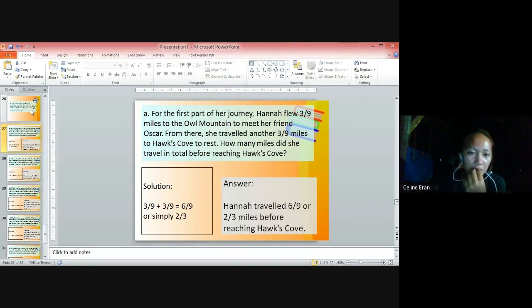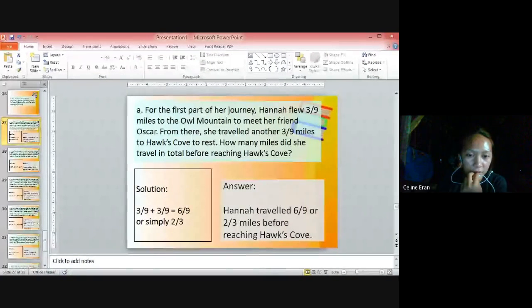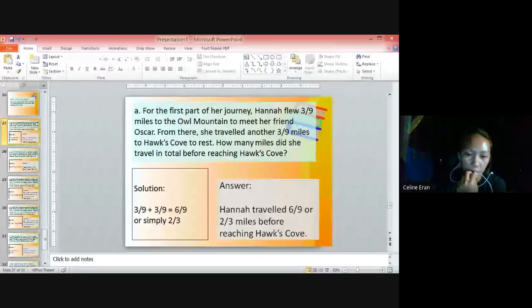How many miles did she travel in total before reaching Hawks Cove? So the solution is here. 3 over 9 plus 3 over 9 is 6 over 9, or simplified to 2 over 3. So the answer is Hannah traveled 6 over 9 or 2 over 3 miles before reaching Hawks Cove.